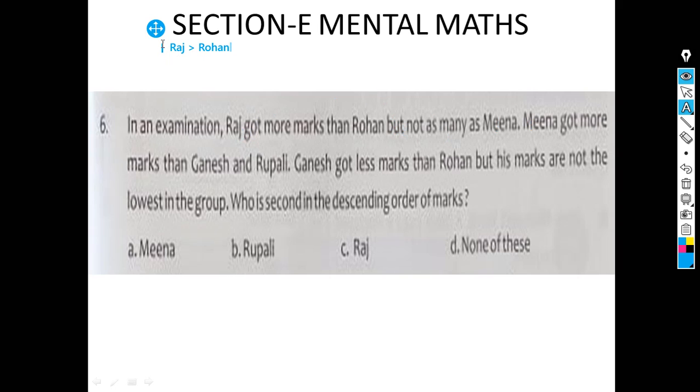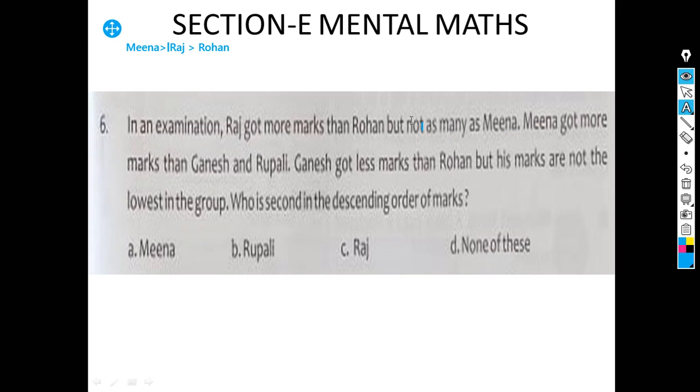This means Meena's marks are greater than Raj's. She has got more marks than Raj. So we can keep Meena here.